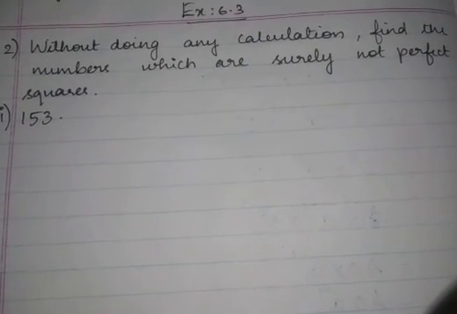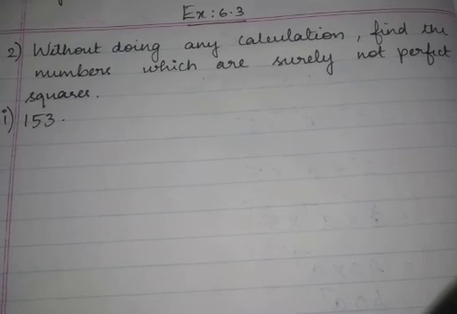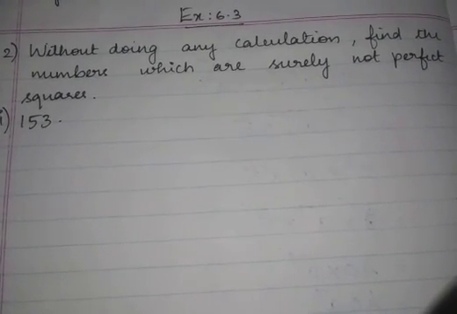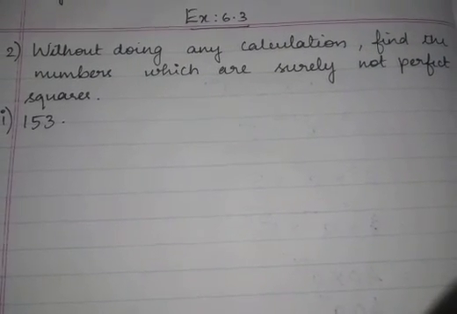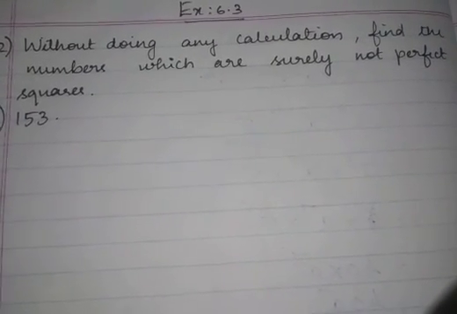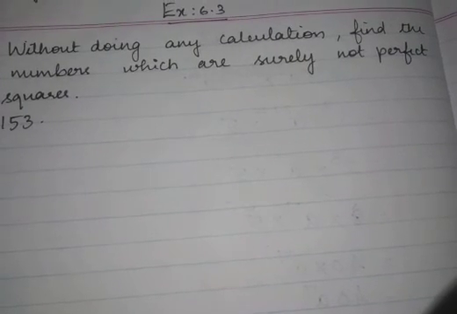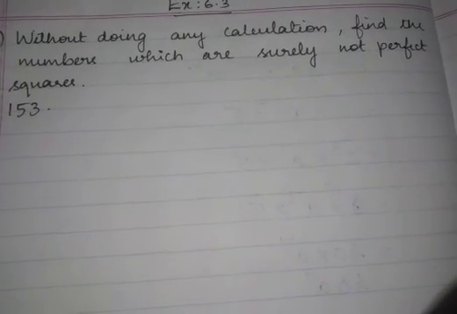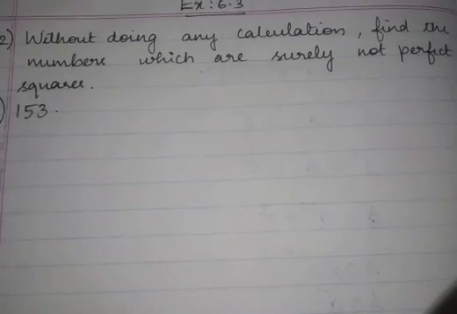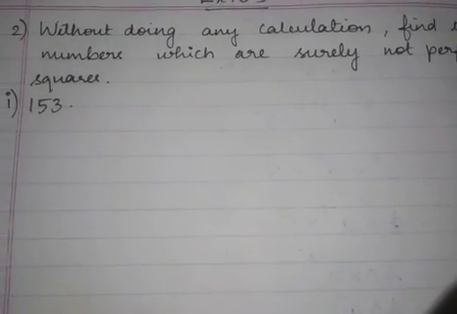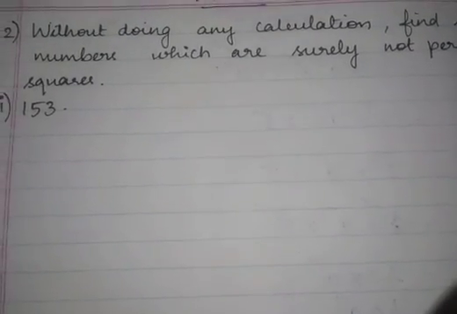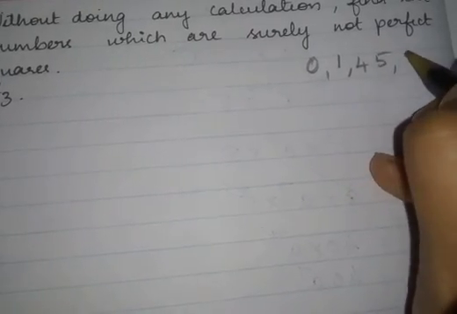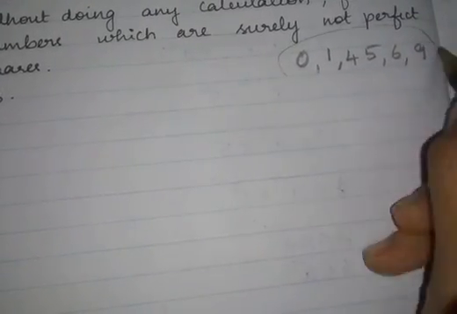You know what is meant by a perfect square? When I multiply a number with itself, I'll get one answer, right? That number is a perfect square. Without any calculation, only using some rules which we have already learned, we are going to find whether it is a perfect square or not. Do you remember a concept? A number ending with 0, 1, 4, 5, 6, 9 can be a perfect square.